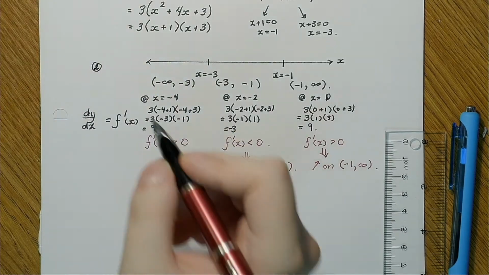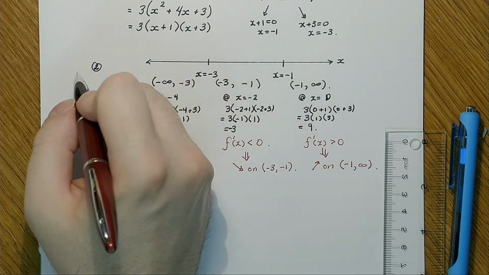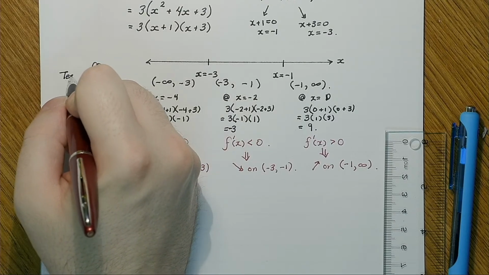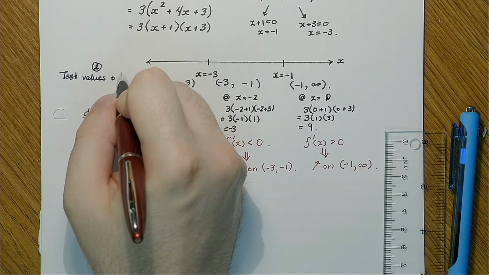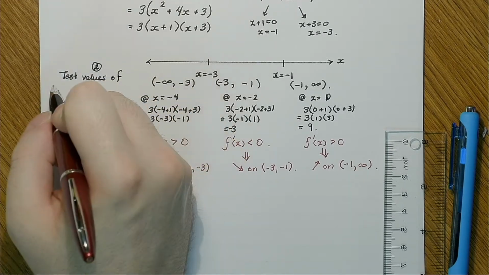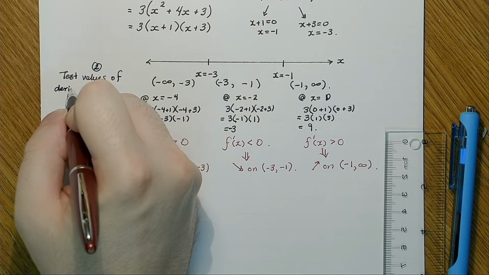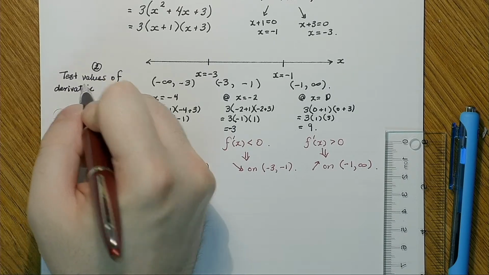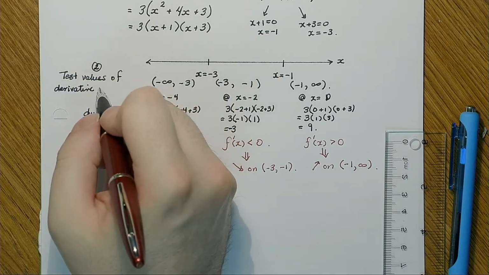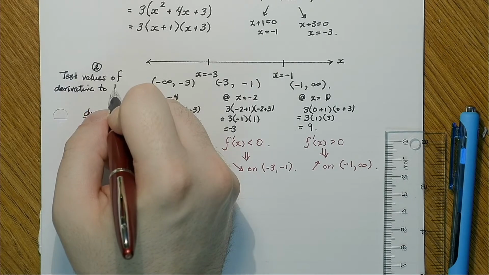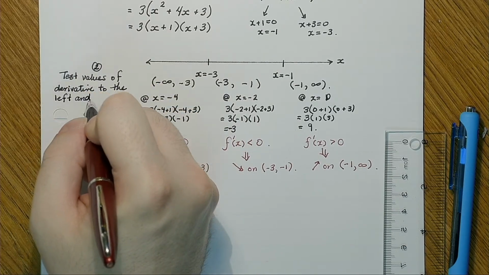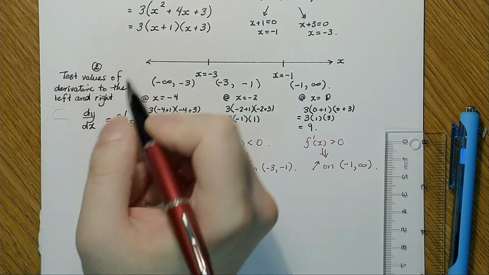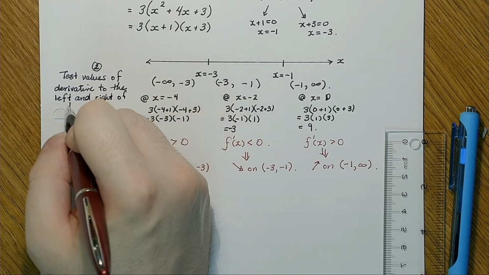So again, that's kind of our number 2. So number 2 is test values of the derivative to the left and right of the critical value.